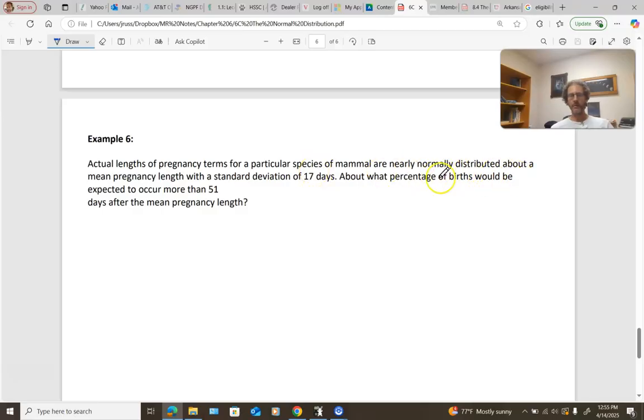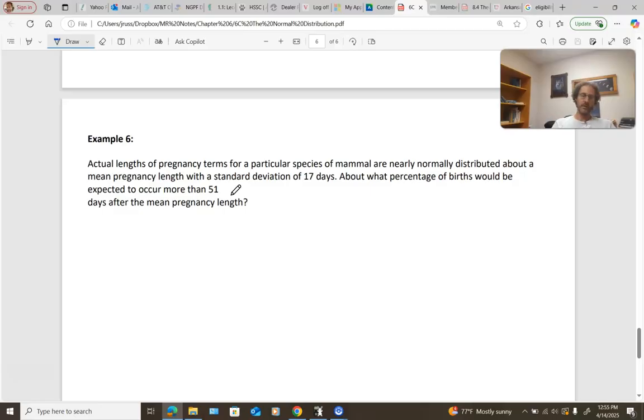About what percentage of births would be expected to occur more than 51 days after the mean pregnancy length? Okay? What you may notice about this one is that they don't actually tell us the mean. And they don't need to.